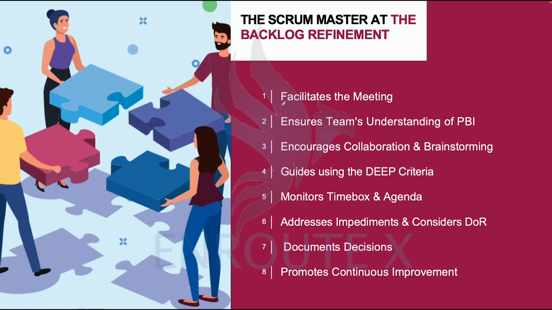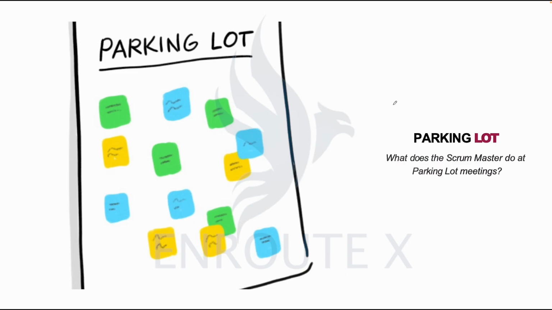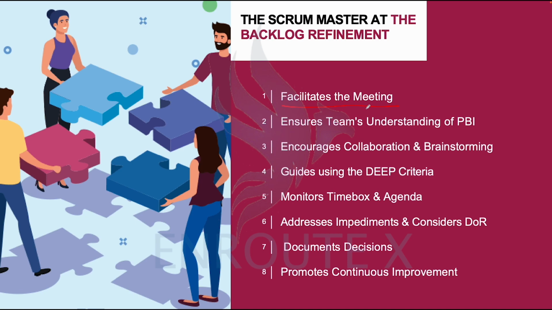Alright, this is basic to all. The Scrum Master facilitates the meeting. Remember, the backlog refinement meeting is similar to the sprint planning meeting. In actual sense, it is a pre-sprint planning meeting, and we can view it in that perception.